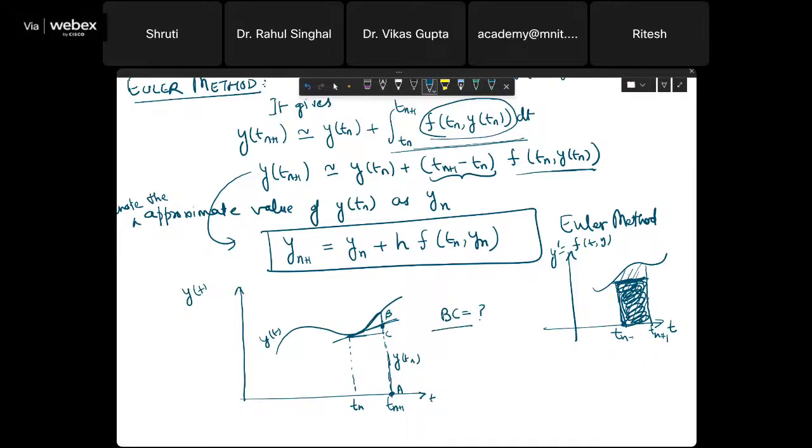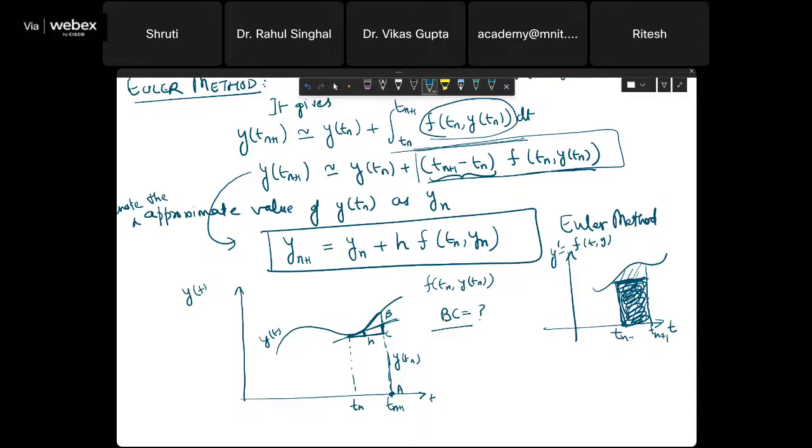If you calculate this BC, this is the slope, which is given by f of t, y at Tn, and then this is nothing but the h value, and that is why it is coming as h into f. This is just the Pythagoras theorem.